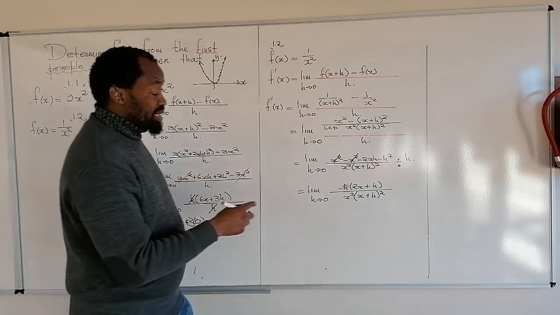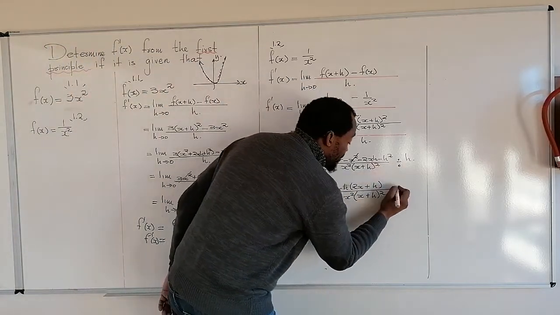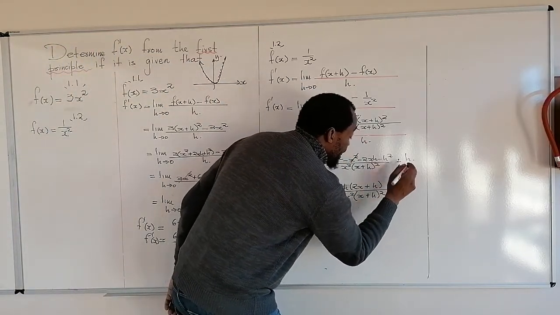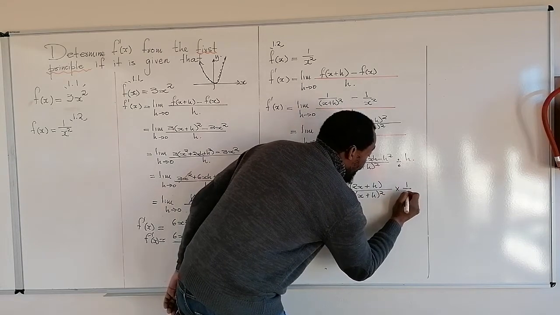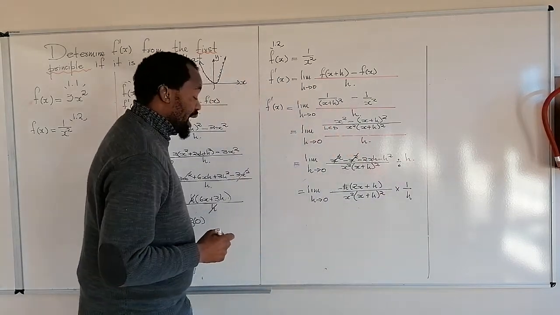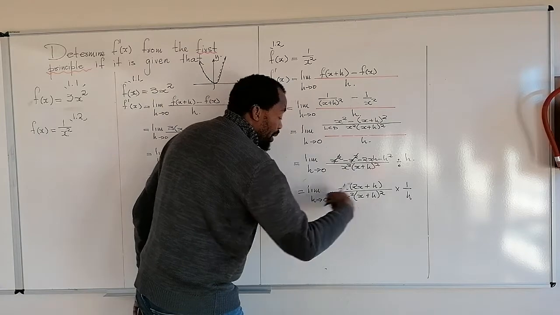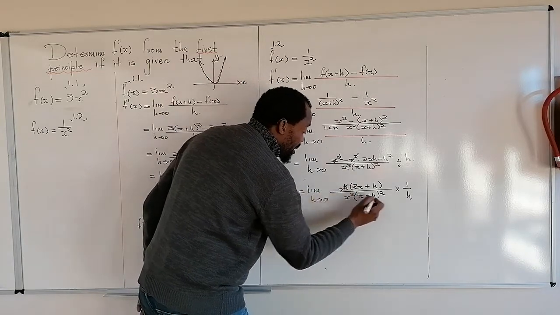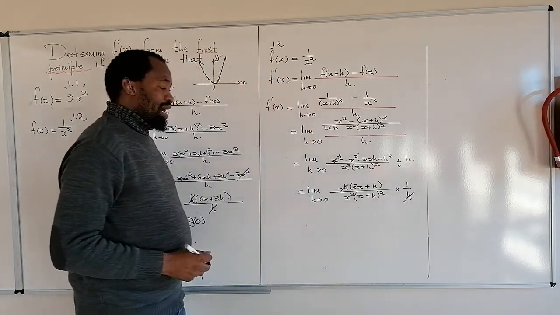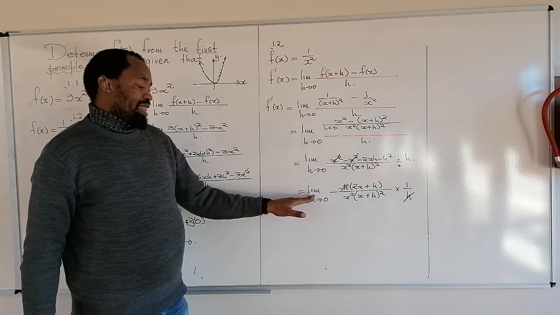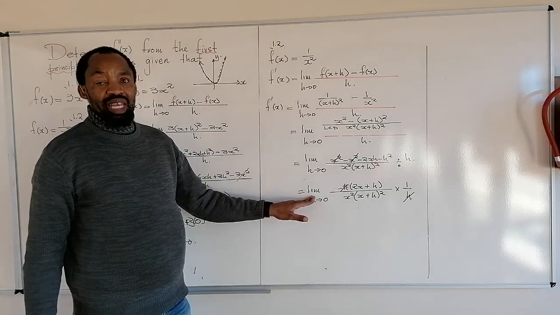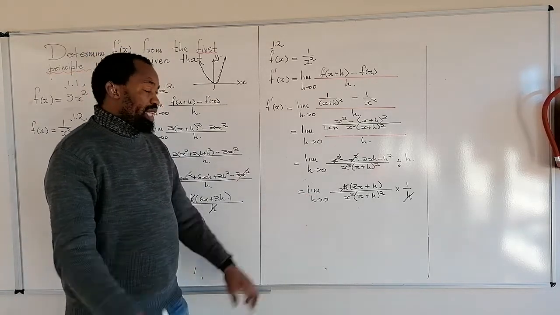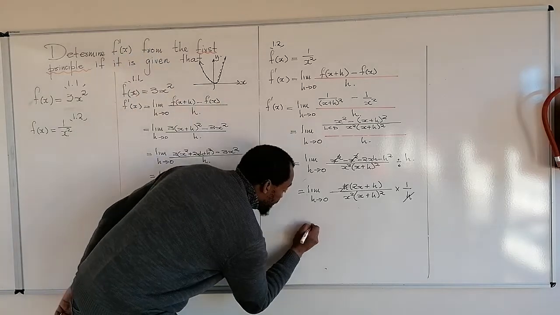Now, look at this. I change division to multiplication. Remember, that becomes 1 divided by h now. We multiply this. h is gone. There's no limit now. We can do as we wish in this party.